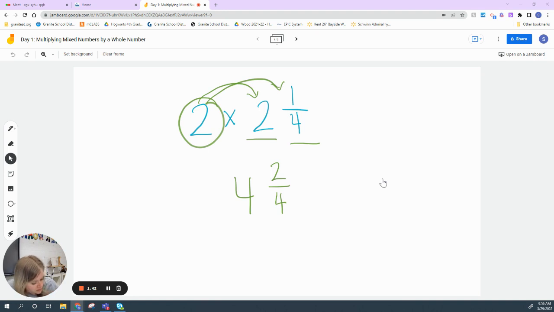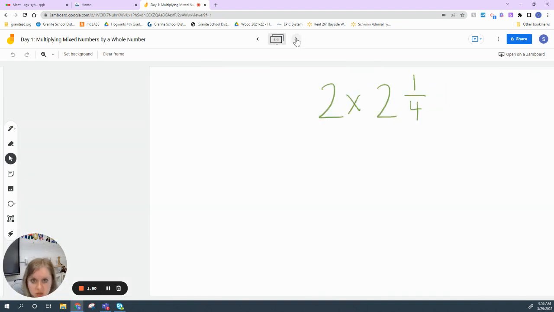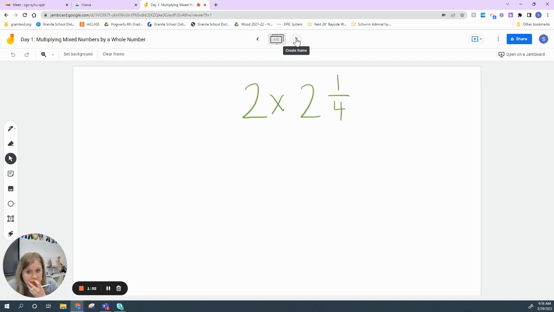So if we start with 2 times 2 and 1/4, we can write this as 2 times 2 and 2 times 1/4.